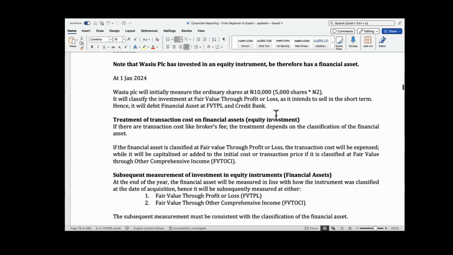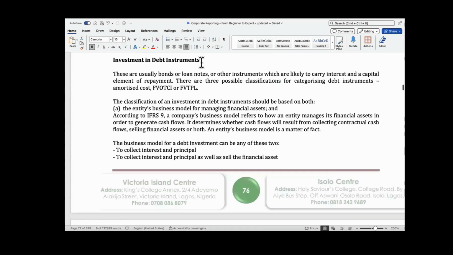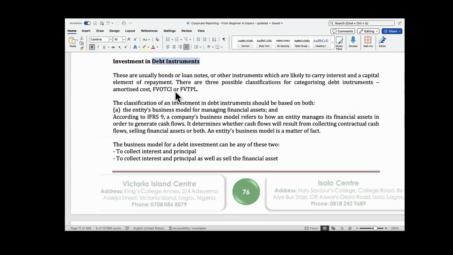So let me quickly tell you this one too in advance. For debt too, if you invest in debt, the same way you classify is the same way you're going to measure at the end of the year. So if you are classifying at amortized cost, you're going to measure at amortized cost at the end of the year. If you are classifying at fair value through OCI, you're going to measure at fair value through OCI. If you are classifying at fair value through P&L, you're going to measure at fair value through P&L.